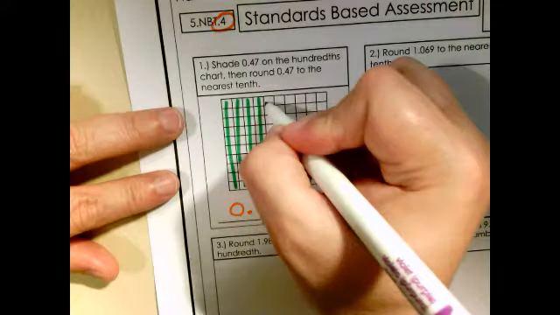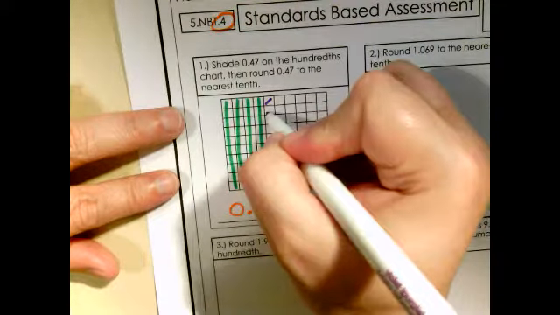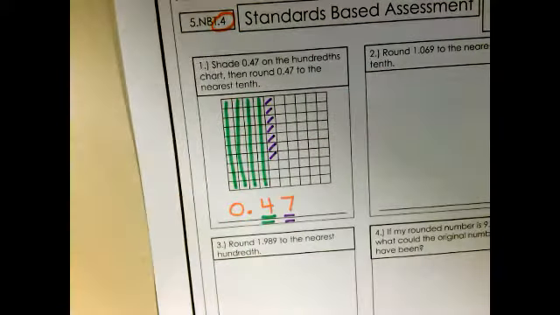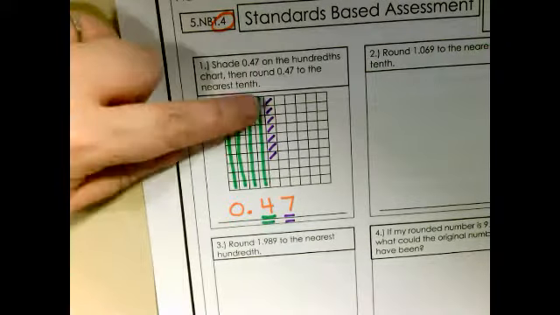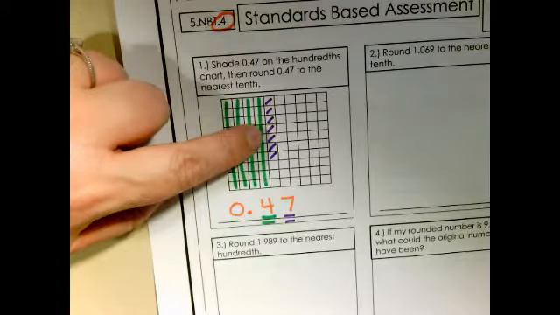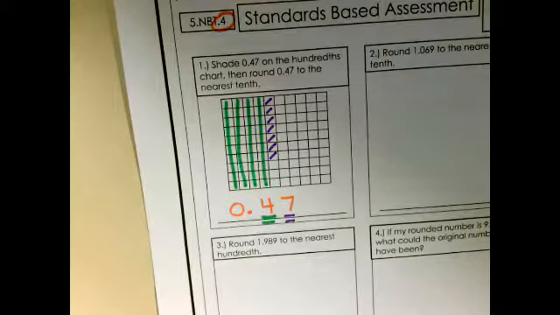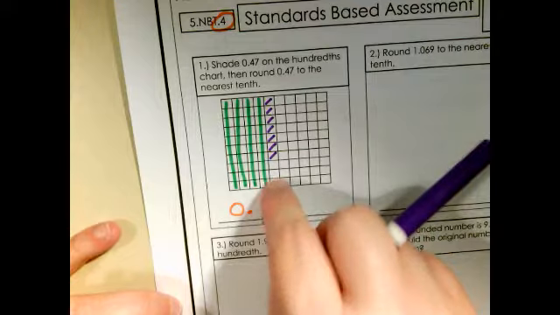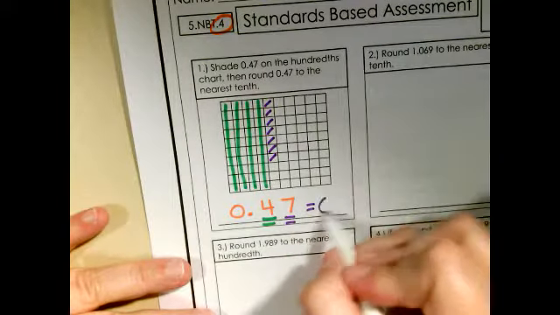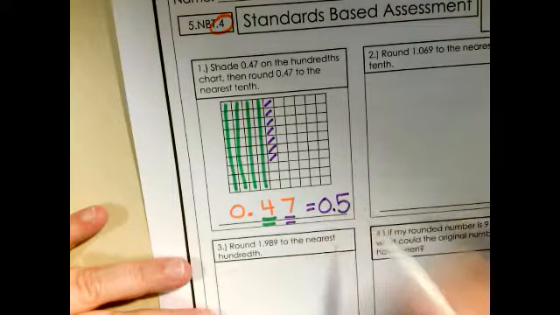So I'm going to have 7 little hundredths. So that's 1, 2, 3, 4, 5, 6, 7. The question asked me to round to the nearest tenth. Well, look at this. I almost have this tenth over here filled up. So if I was rounding this, I would round up and finish off that, which would give me 5 tenths.